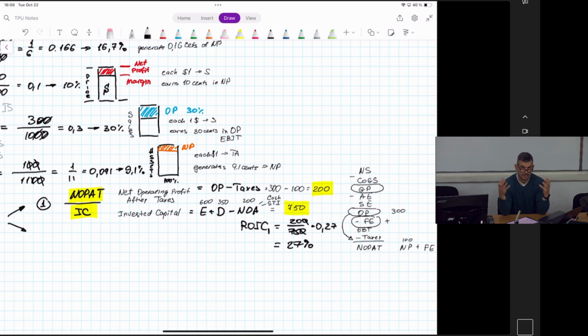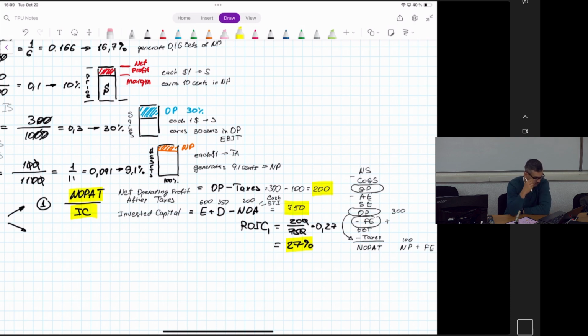So this is the 27% of operating profitability. This is our operating profitability of business. So let's highlight it. That's the first way of calculating the return on equity.